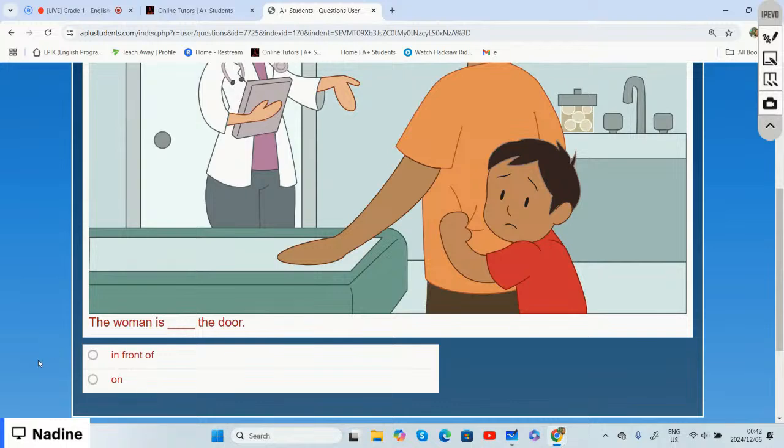And we need to say if it's either in front of or if it's on. Do we say she is in front of the door or do we say she's on the door?